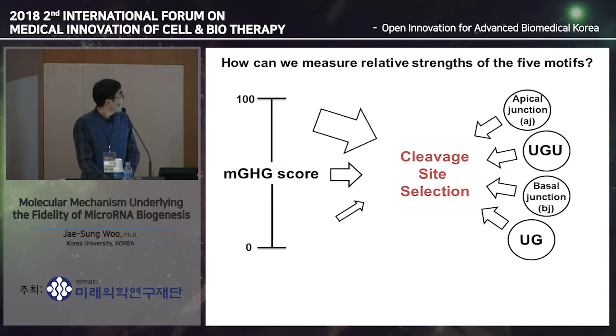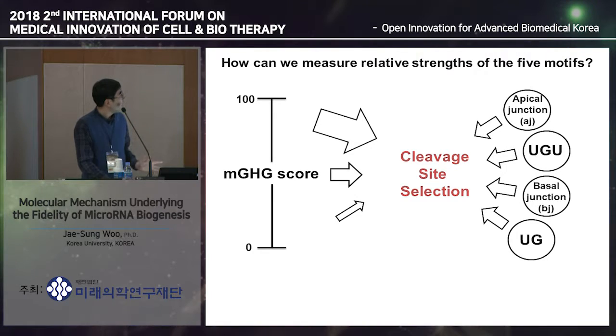This is more complicated, and probably a high MGHG score will have a higher effect on the cleavage site determination, and a lower score will have a smaller effect.